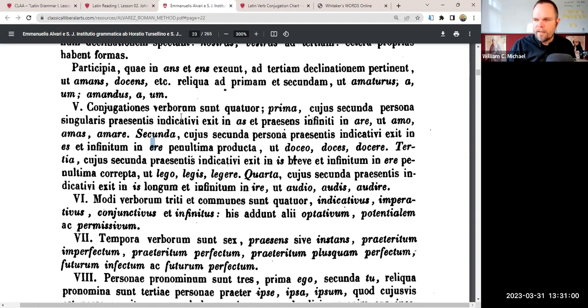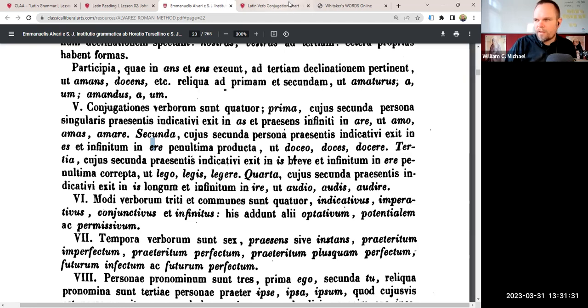In the third conjugation, we're going to learn that it's a short E. In terms of global war and nuclear holocaust, this is not very important, but in terms of translating Latin, this is how you tell the difference between second and third conjugation verbs. The second conjugation has a long E, ERE, in the infinitive. The third conjugation, as we're going to see in a minute, has a short E, ERE.